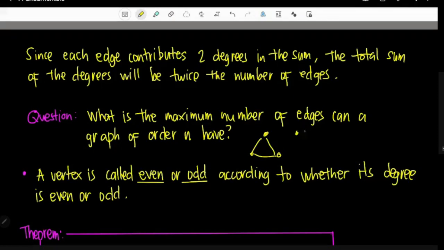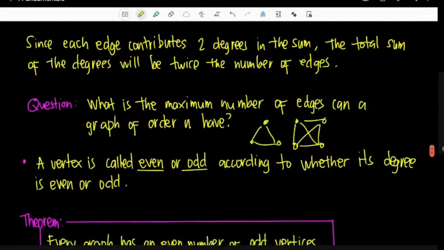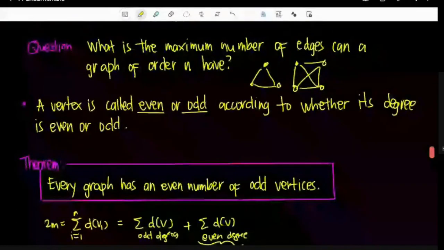Pag apat, i-handshake mo bawat isa. That's the maximum number of edges. So, you generalize the question. So, dapat at this point, alam mo na kung anong bibilangin mo, kung edges ng anong graph. Okay? So, I'll leave that to you to ponder upon.